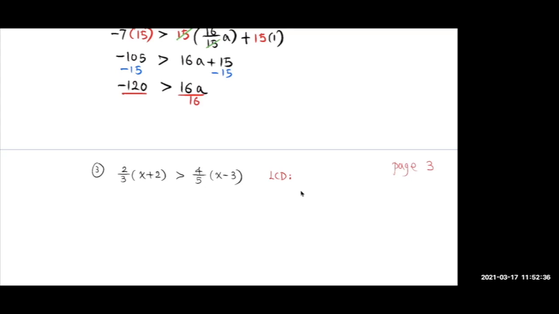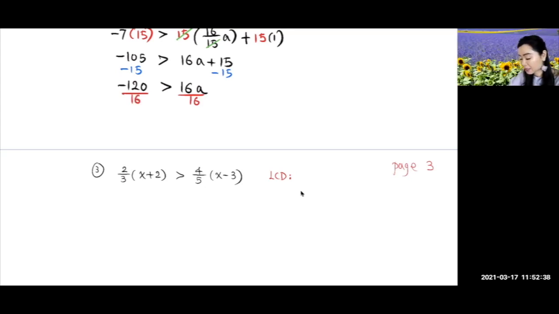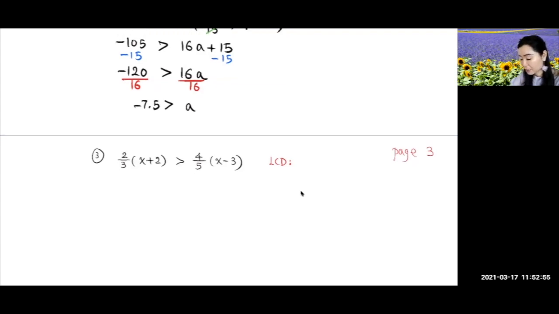Dividing by a positive quantity is not going to switch the inequality sign, so it stays the same. So a is less than negative 7.5, or negative 15 over 2. The convention is we want the variable we solve for on the left side. So another way to write this is a is less than negative 7.5. This is preferred.